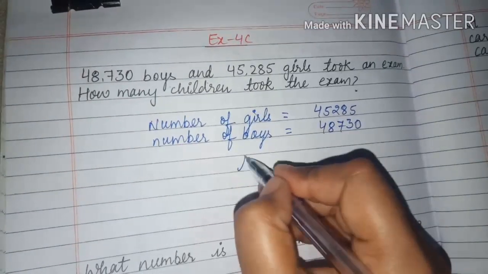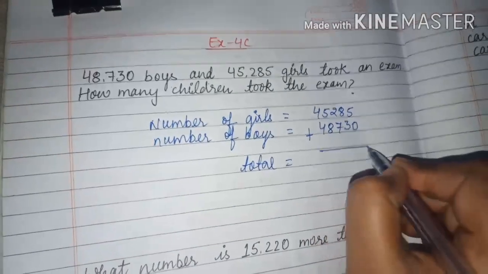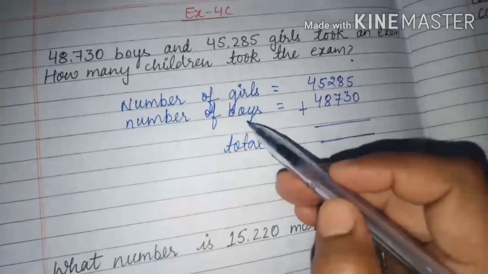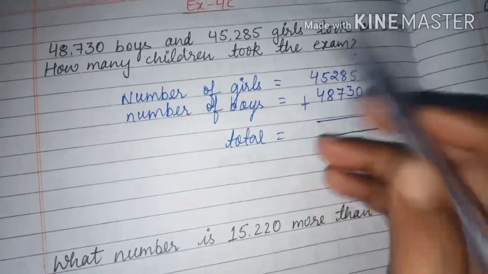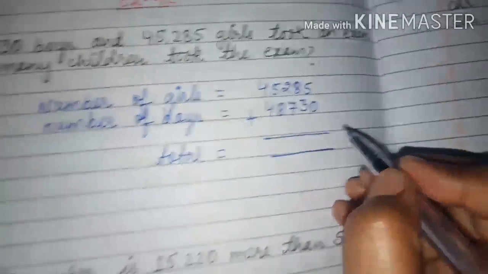Now to find the total number of students, we have to add both the numbers. No problem if you write number of girls first or number of boys first. 5 plus 0 is what? 5.